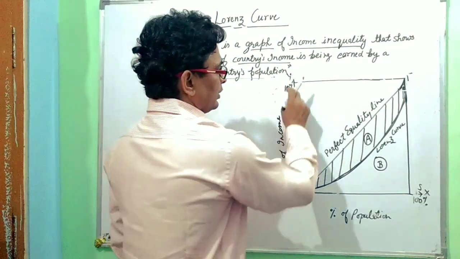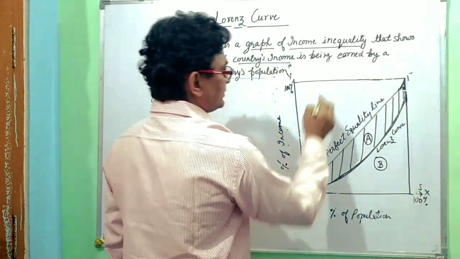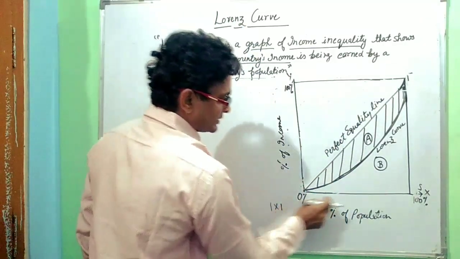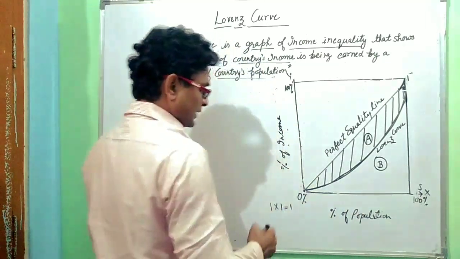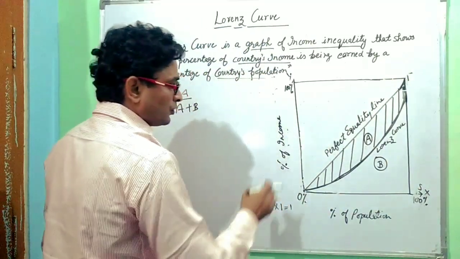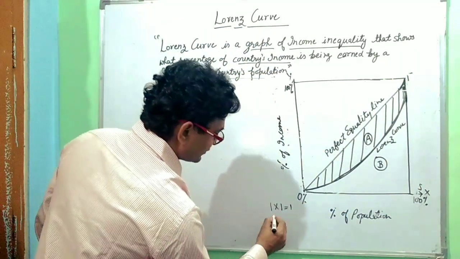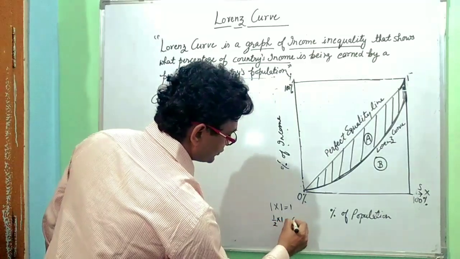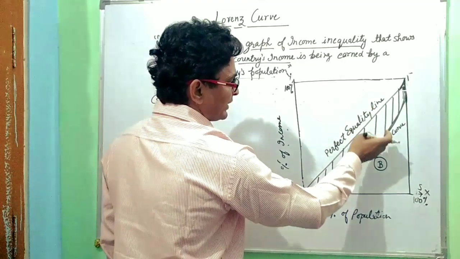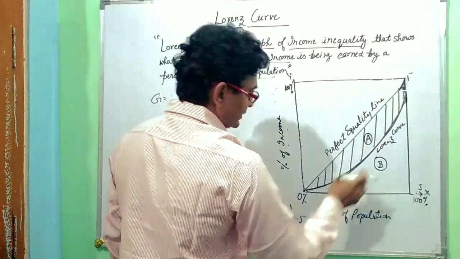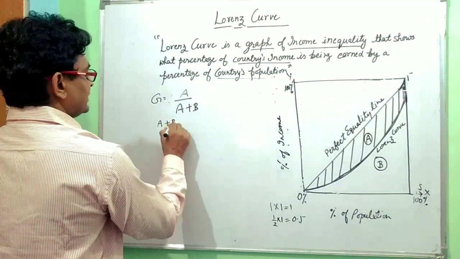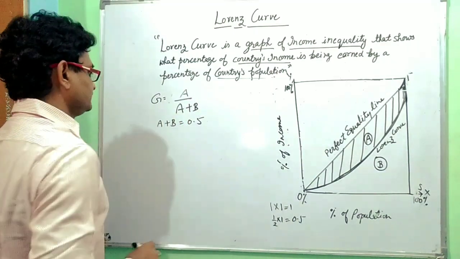So the area of this whole square is length into breadth, 1 into 1, equal to 1, and the area under the perfect equality line is half of this whole area, which means 1 upon 2 into 1 equal to 0.5. So A plus B equals 0.5.